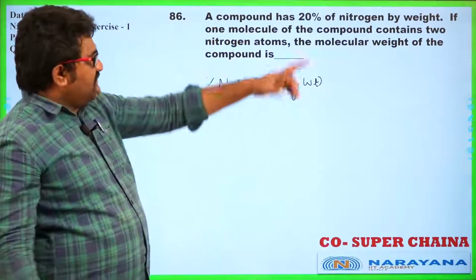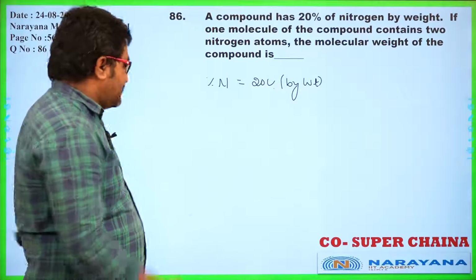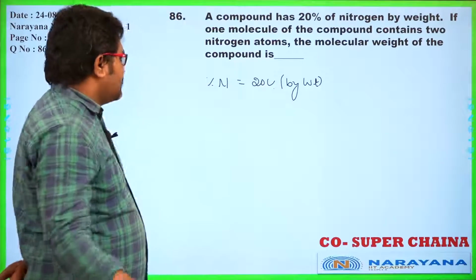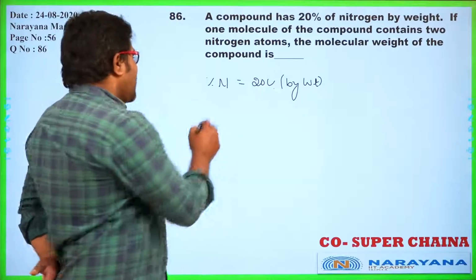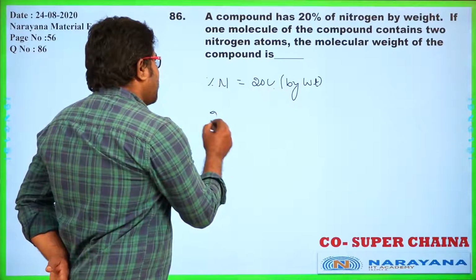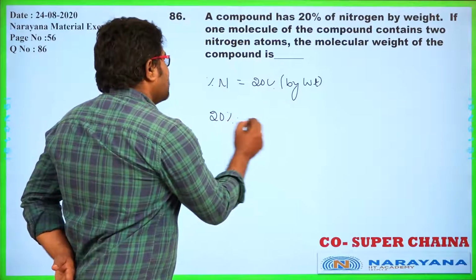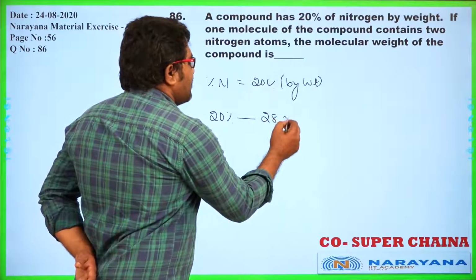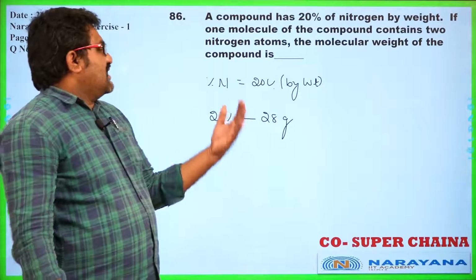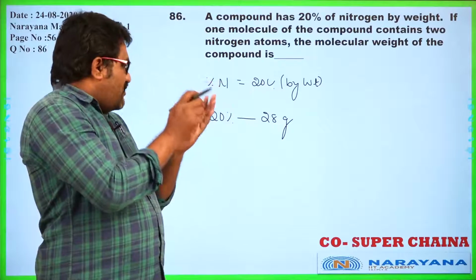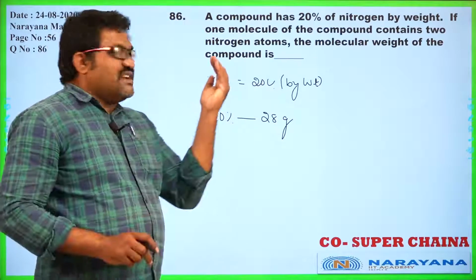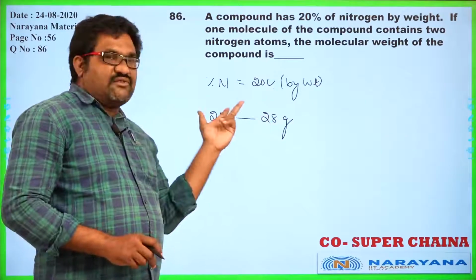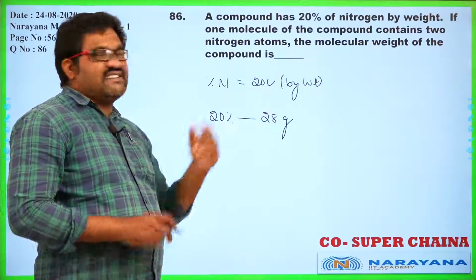If one molecule of the compound contains 2 nitrogen atoms, then the total weight of 20% is due to 2 nitrogen atoms, which is 2 into 14, 28 grams. So 20% of that compound was occupied by 2 nitrogen atoms, and their weight is 28 grams.